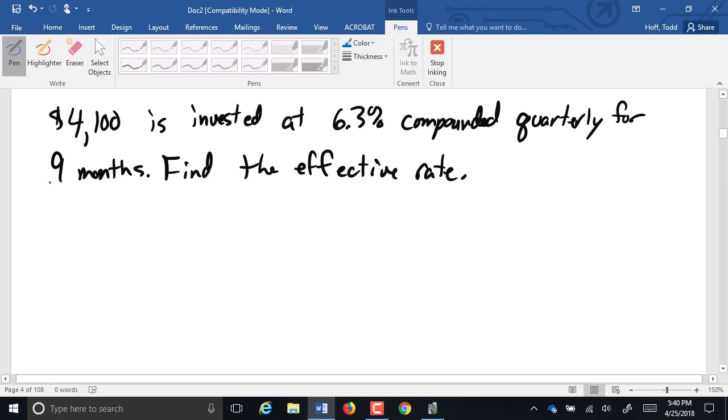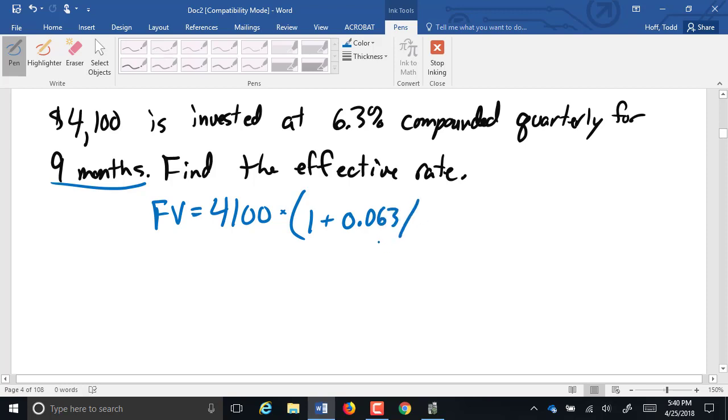Now again, this is 9 months. That's less than a year. So for finding the effective rate, we use the actual time of 9 months. So our future value is going to be our present value of 4,100 times, parentheses, 1 plus our rate of 6.3% is 0.063, divided by, what's going to be divided by here?